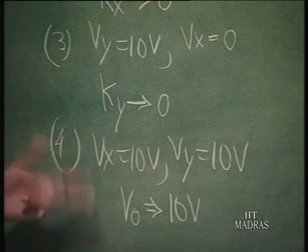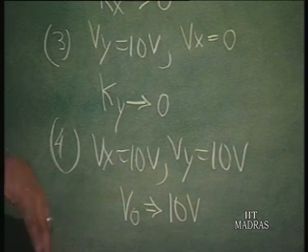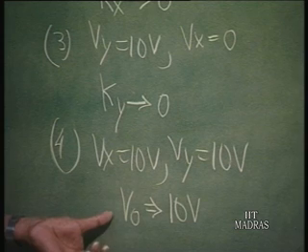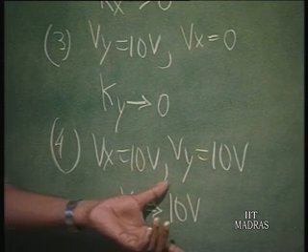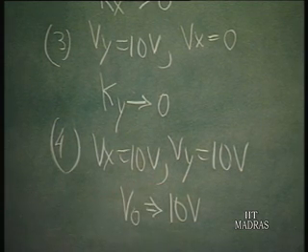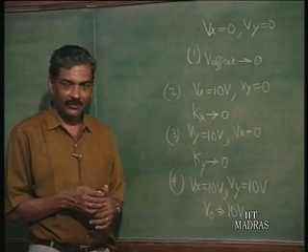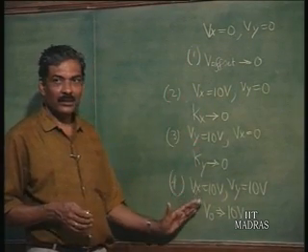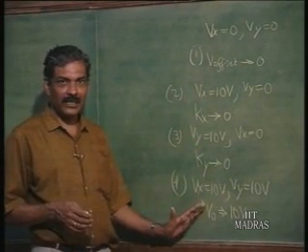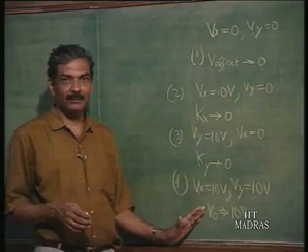Keep Vx equal to 10 volts and Vy equal to 10 volts. By making this adjustment, so that V naught is maintained at 10 volts, VR would have automatically been adjusted to 10 volts. So, these are the 4 adjustments that have to be made in the case of a precision multiplier.